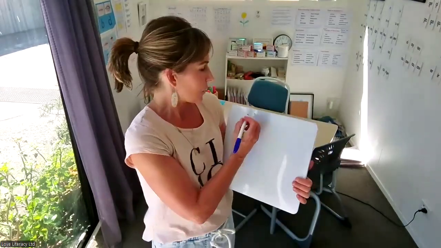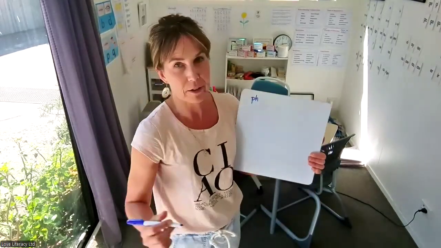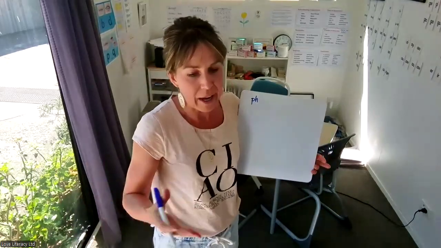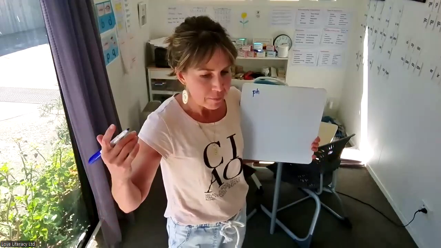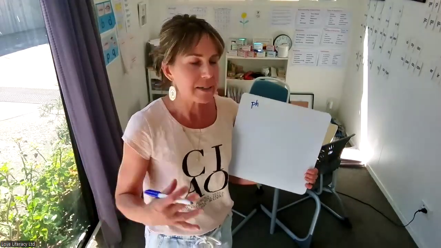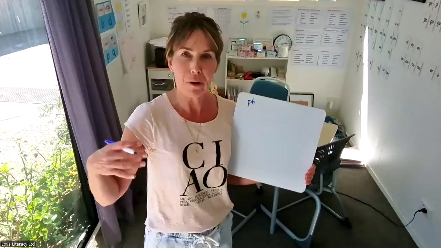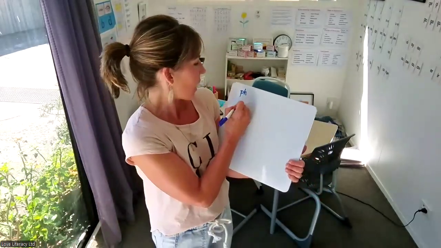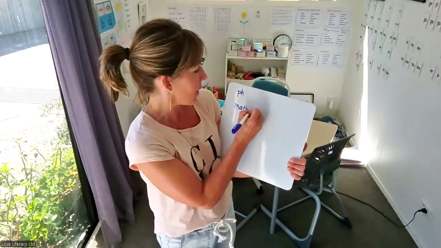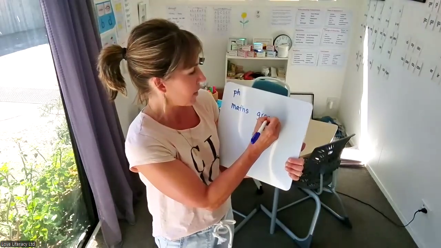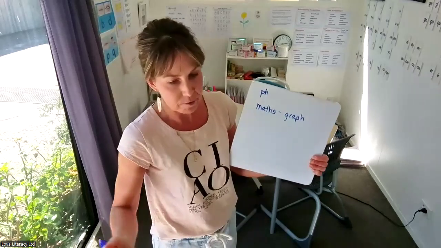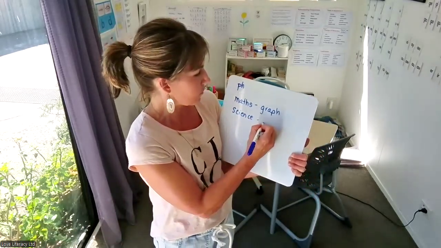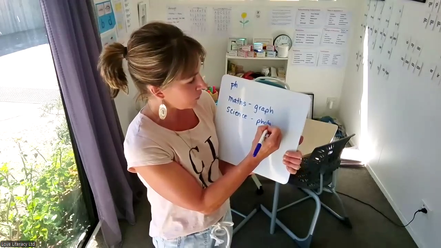So the other really interesting thing about digraph PH is that it's literally a gatekeeper for more academic language. So it's basically going to be seen in more higher level language as students move through school. So for example, in maths, we have our graph. For example, in science, we will of course have photosynthesis.